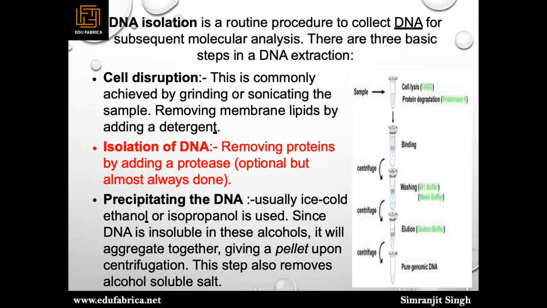The DNA that we isolate is quite insoluble in these alcohols. It's not possible for DNA to dissolve in the alcohol, so because of that, it aggregates together and we get a pellet, and we centrifuge it. This step removes alcohol-soluble salt.